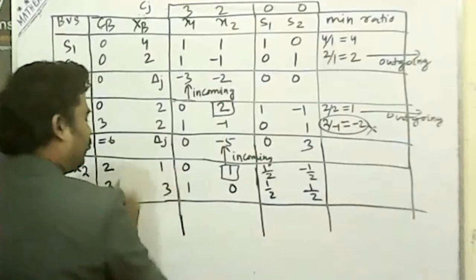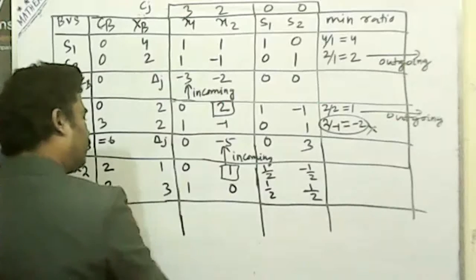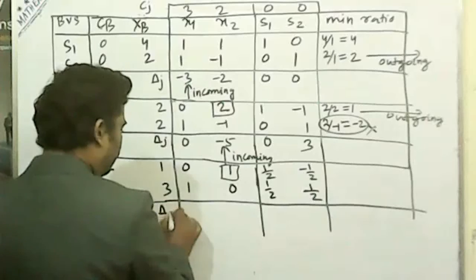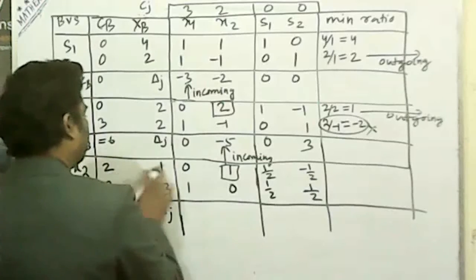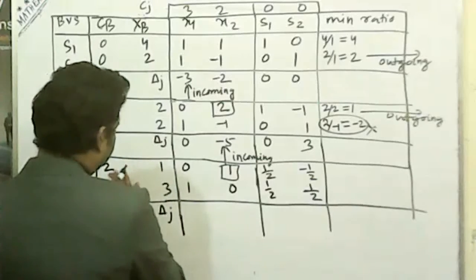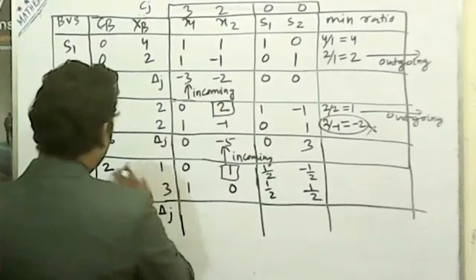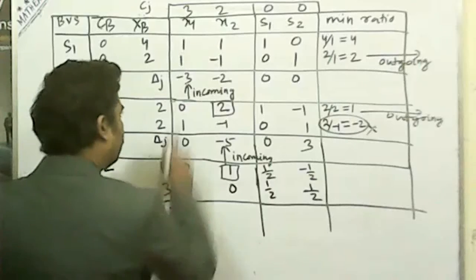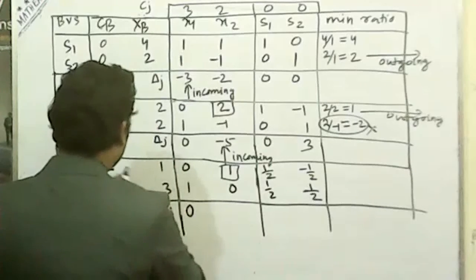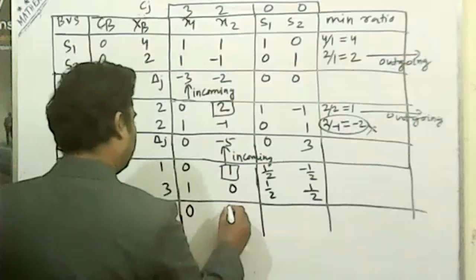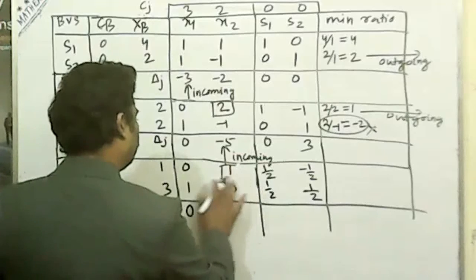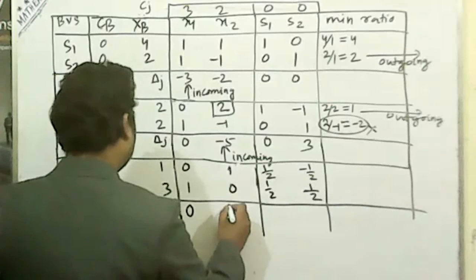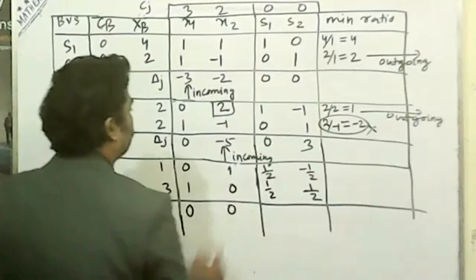that is 2 into 1, 2, 3 into 3, 9, that is equal to 11. So delta J is equal to, here you have to find 2 into 0, 0, 3 into 1, 3, 3 minus 3, that is equal to 0. That is the 2 into 1, the value comes which is equal to 1, 2, that is equal to 0.